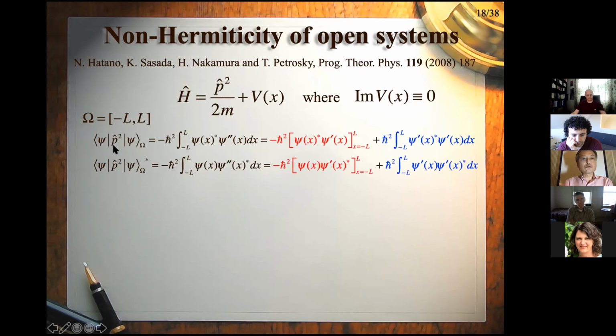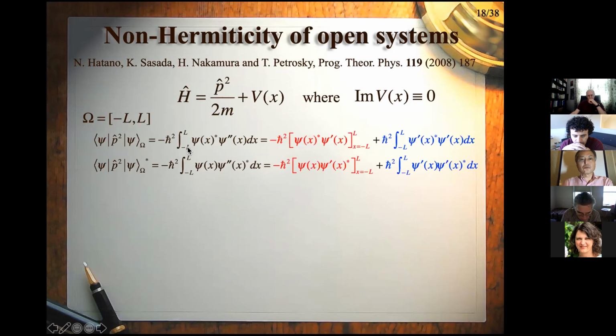Suppose you take the matrix element of this kinetic term, and just in case you don't take the integral over minus infinity to infinity, you take a finite range integral, and then take the limit of L to infinity.